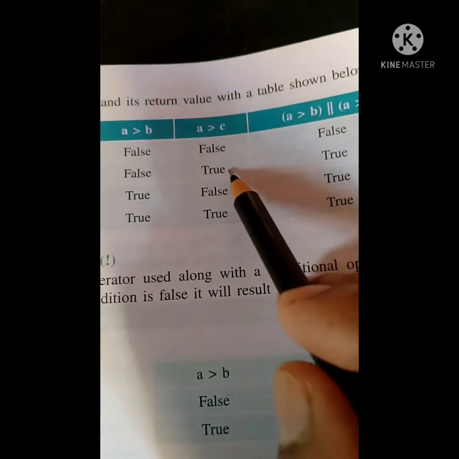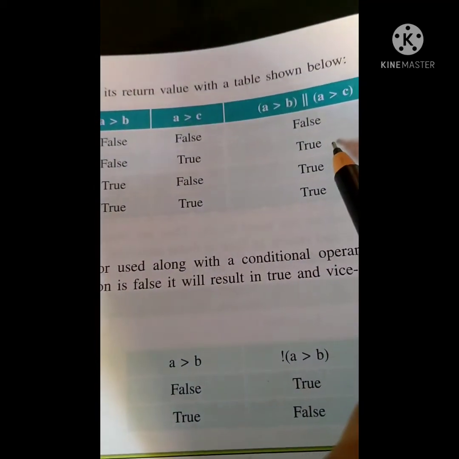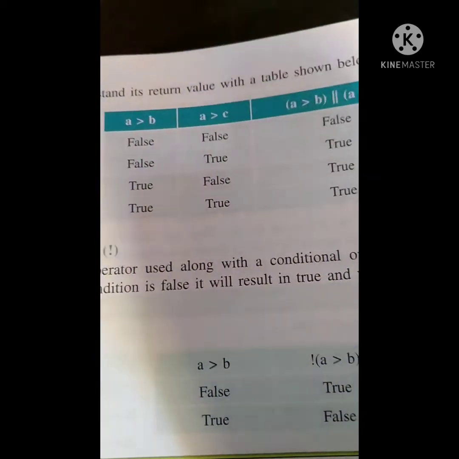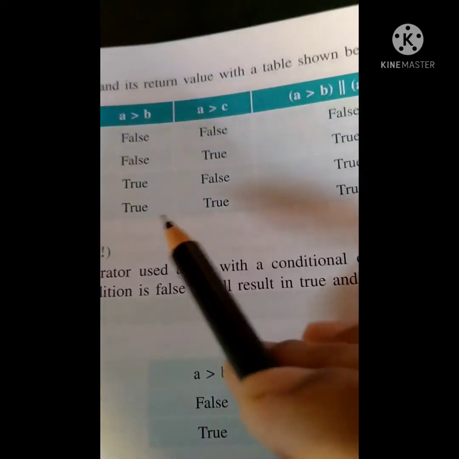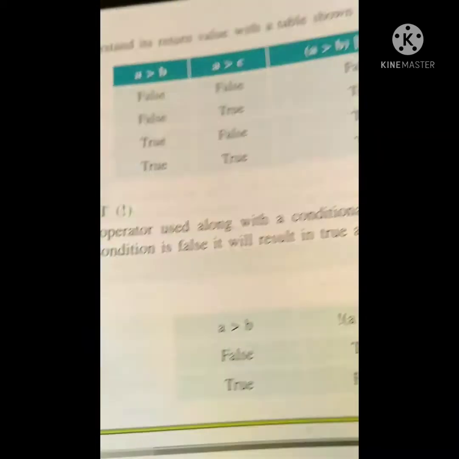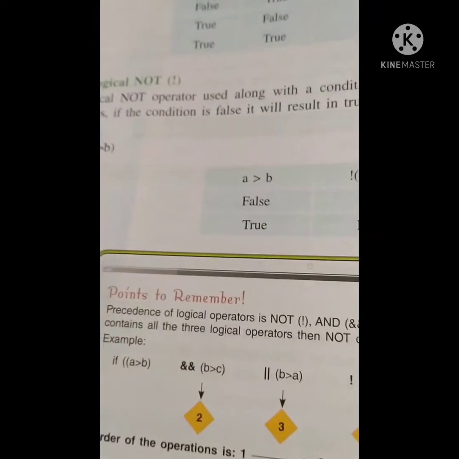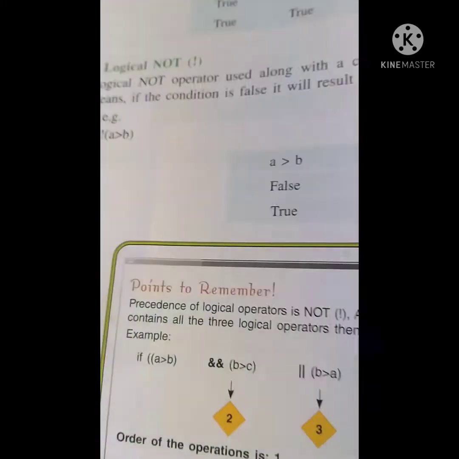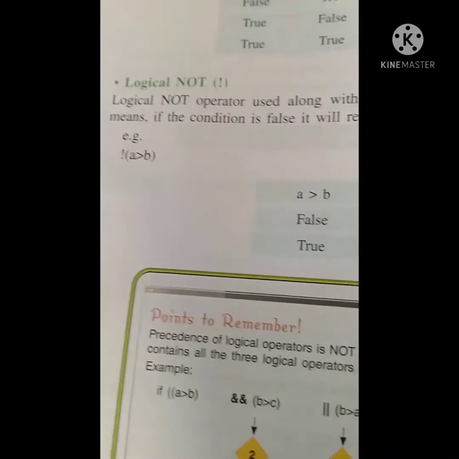If B is going to bring the chalk, this is true. If A is going to bring the chalk, that is also true. And if both students go to bring the chalk, then also it will be true, no problem. So like that you have to understand in the program, you have to relate with real life. In programming logic you have to use your real life experiences.